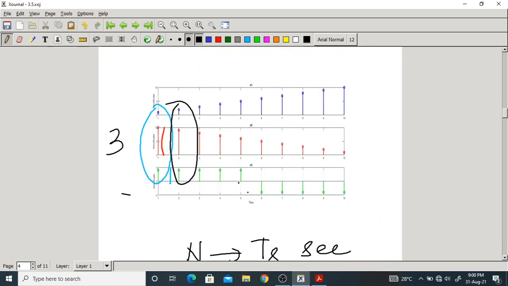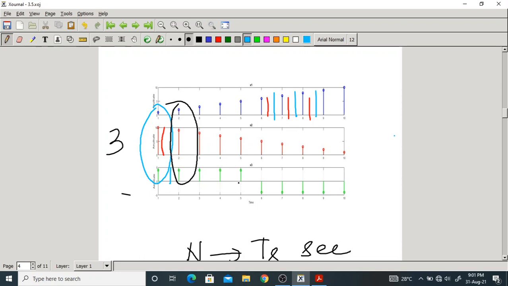There is a gap, and in that gap I am transmitting one red sample and one green sample. Here is again a gap, I am transmitting one red and one green. Here again a gap, one red, one green. So I am effectively utilizing the time. Within the same time I could transmit all 3 signals with the help of TDM.